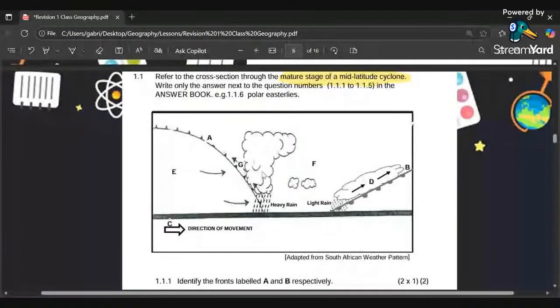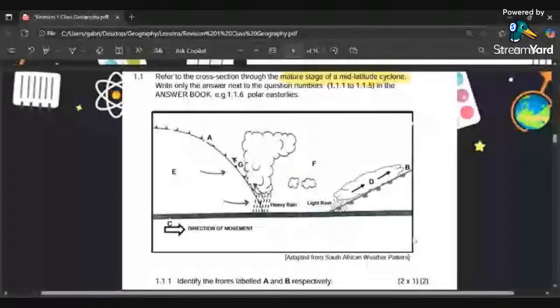In winter time, they dominate our weather. As they develop in the southern hemisphere, they move from west towards the east. Those are some of the characteristics.